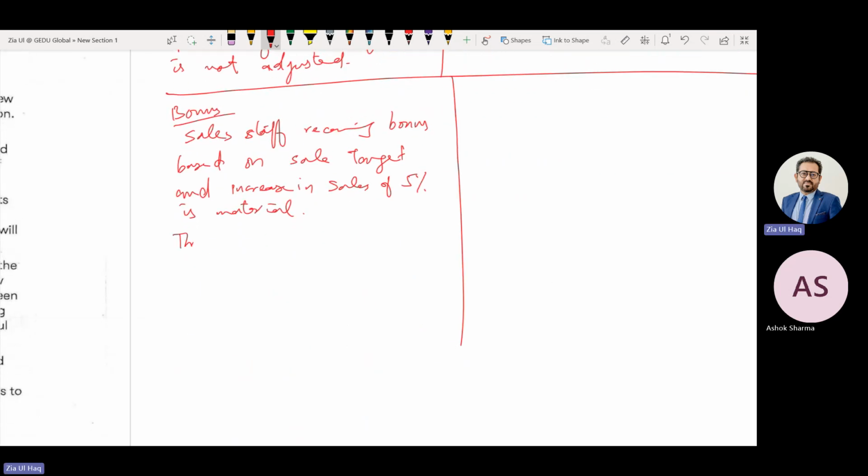There are chances sales could be overstated by creating fictitious customer accounts.